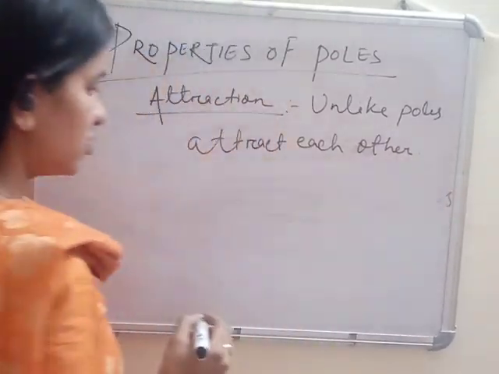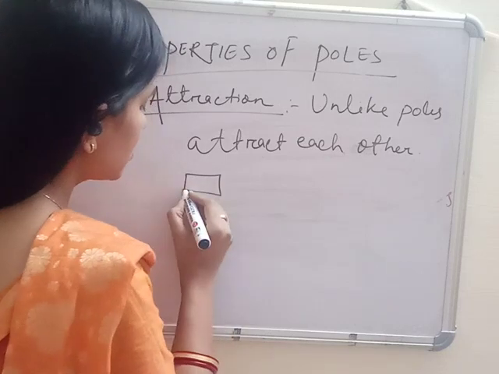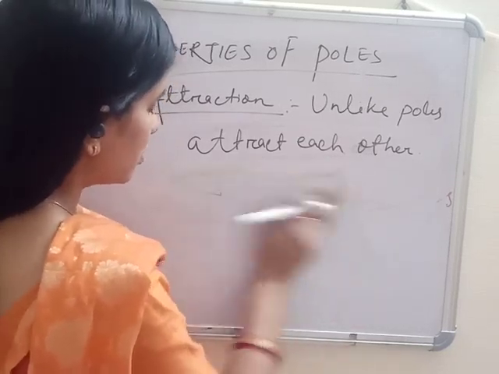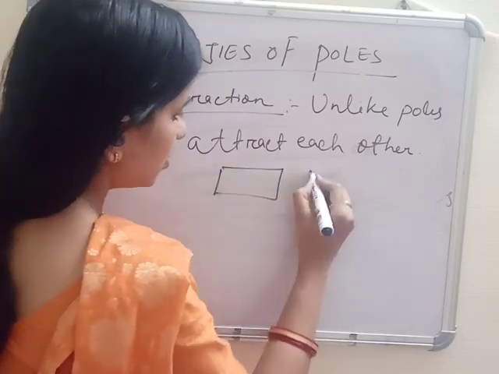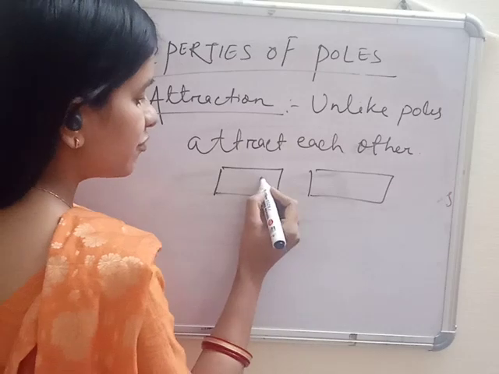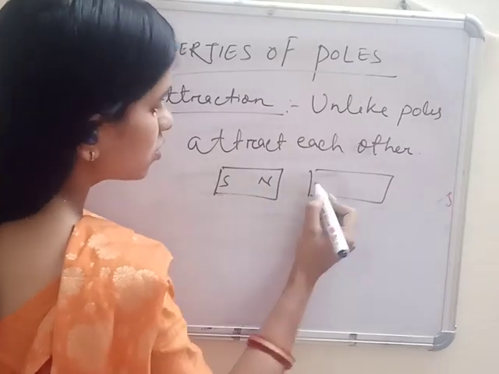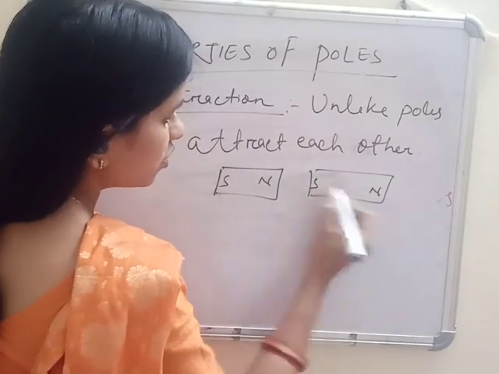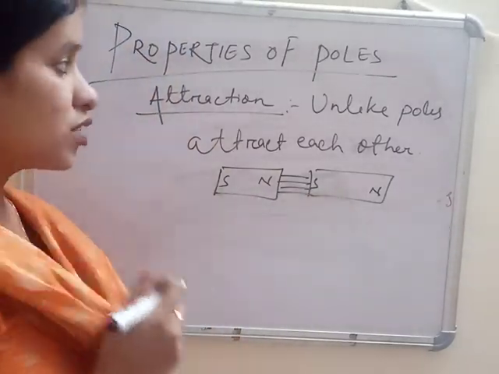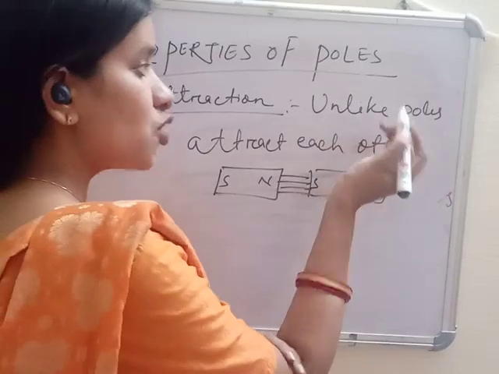It means if it is a magnet and it is another magnet, the poles are going to be attracted if it is north and south, or south and north. Then only there is an attraction. It means what? Unlike. They are not the same. Unlike means opposite.